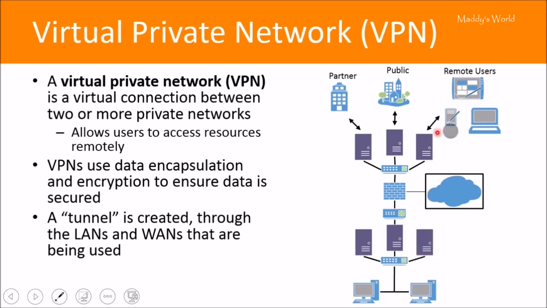Well, you just go ahead and create a tunnel that follows directly through until you get all the way to this router, right? And then access the server from there. Okay. VPNs use data encapsulation and encryption to ensure that the data is secure, that's also something that shouldn't be glossed over. Okay?